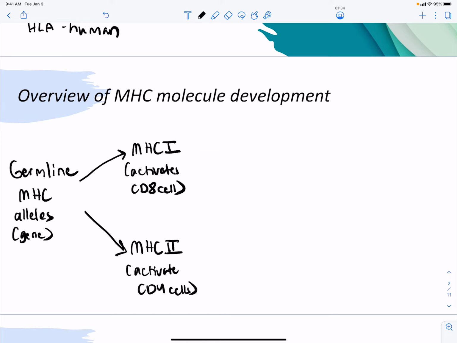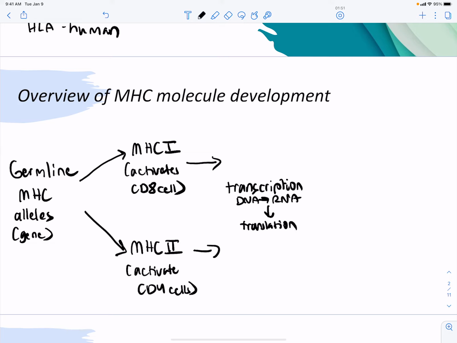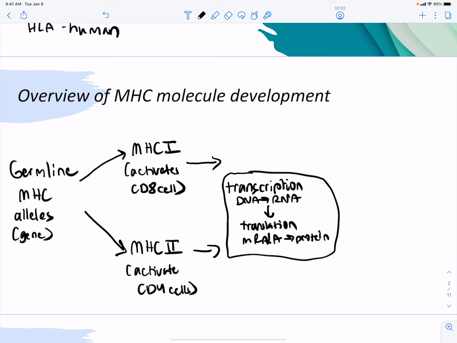Now, both of them are going to have to go through the process of transcription, which is DNA, of course, to RNA, and then translation, which is messenger RNA to protein. So they both do this.